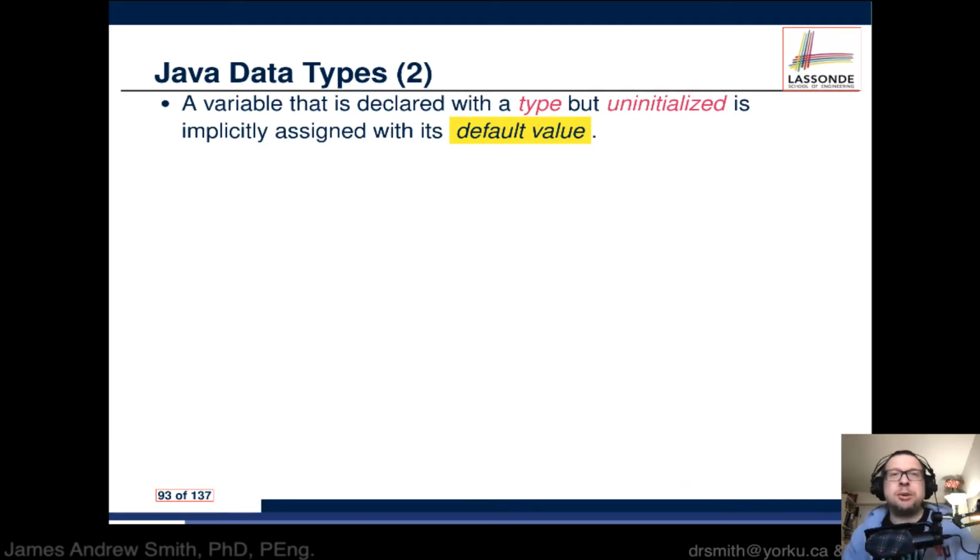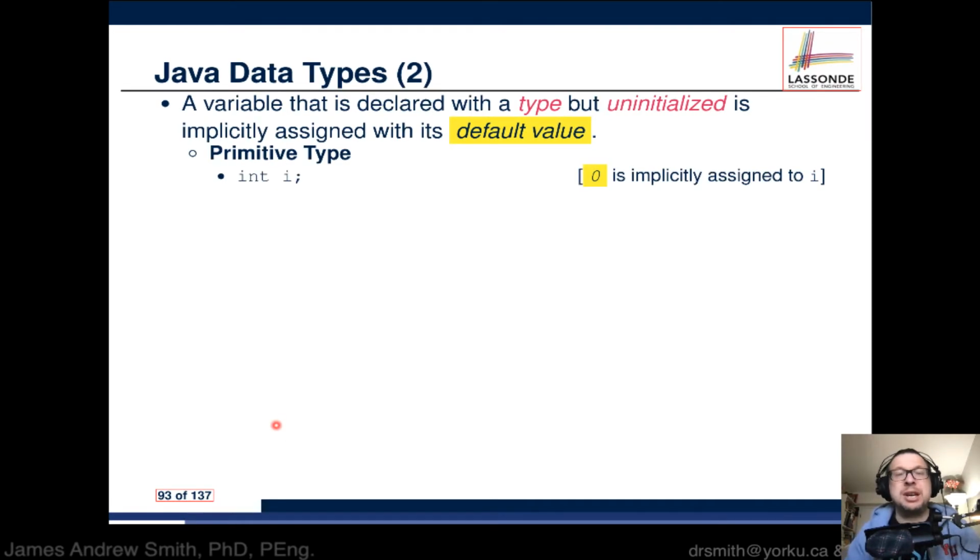A variable that is declared with a type but is uninitialized is implicitly assigned its default value. So if you create a variable and you don't say that it's equal to 1 or the letter A or something like that, then there will be some default value it's created with.